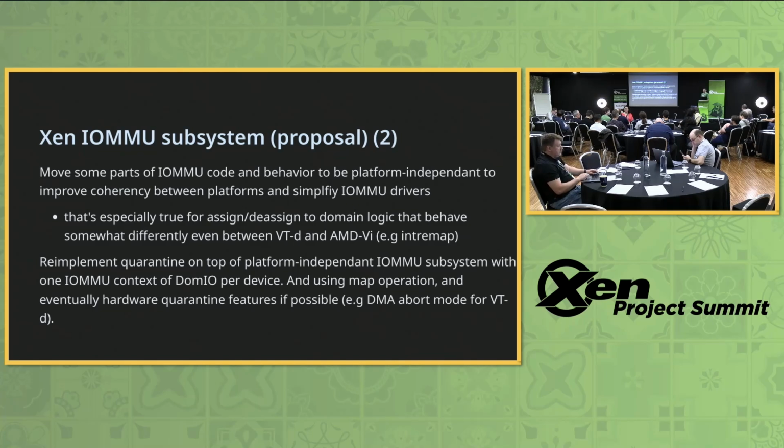But in the case that you do have proper, working two-level translation in the IOMMU, it would be better still to activate it. One example is for AMD encrypted VMs.